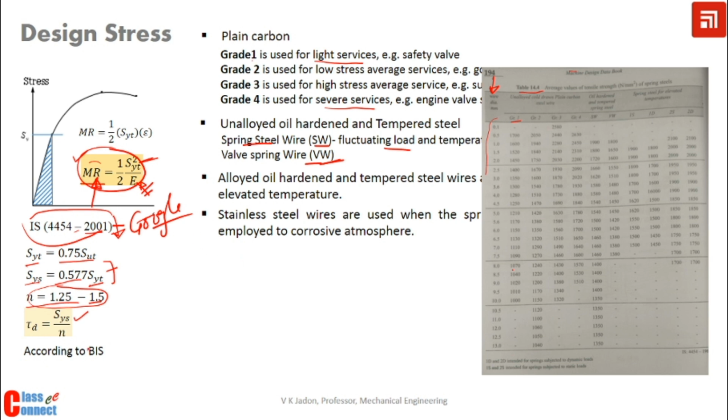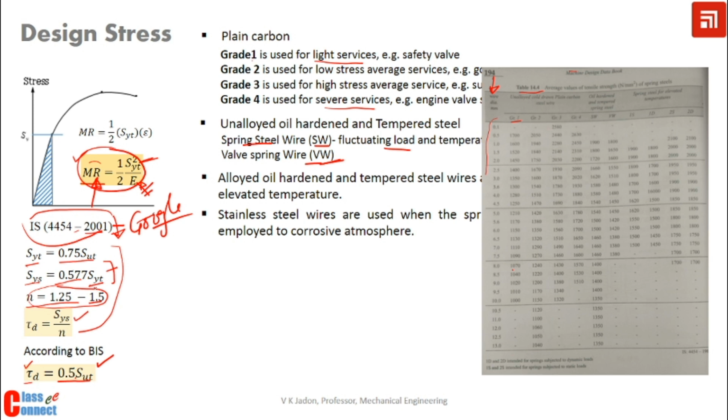But according to BIS, we can also use directly tau d as 0.5 times SUT, rather than following this complete process of 3-4 steps. We can directly write according to BIS: tau d is equal to 0.5 times SUT.